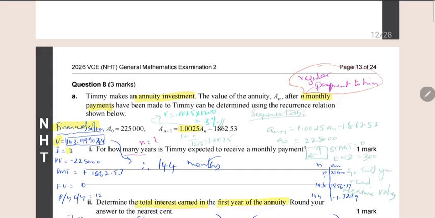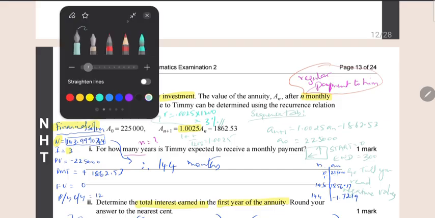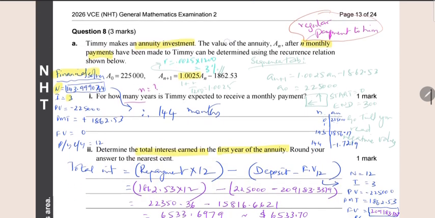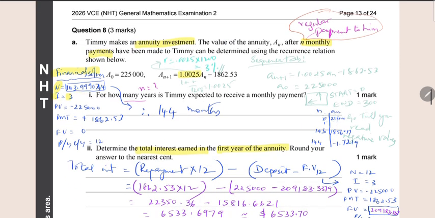So we now substitute that 3% into the financial solver, and because he made an annuity investment, it has to be negative. Money leaves him. He puts money into the bank, so PV has to be minus 225,000. The payments that are made to him should be positive, and it's 1,862.53.